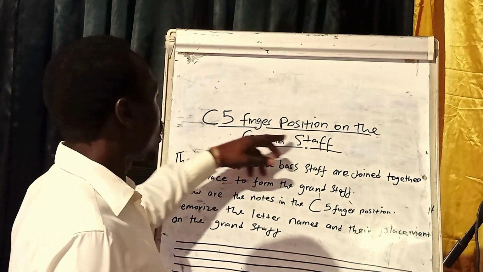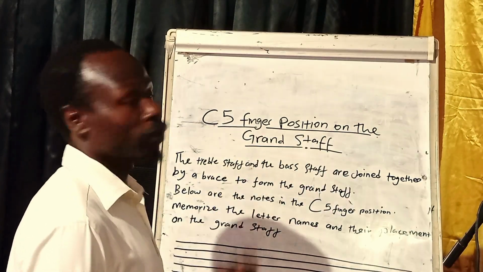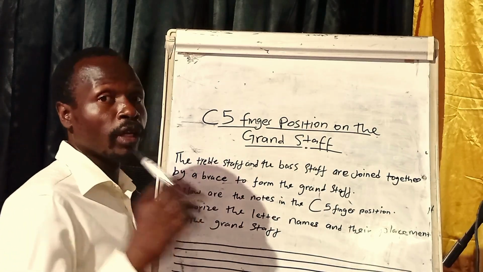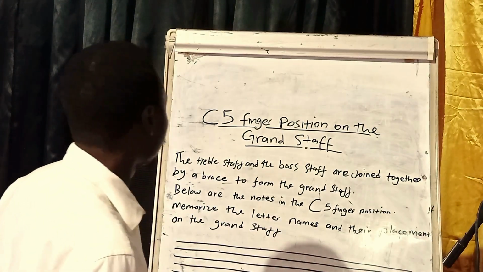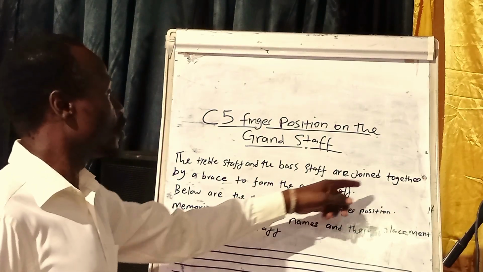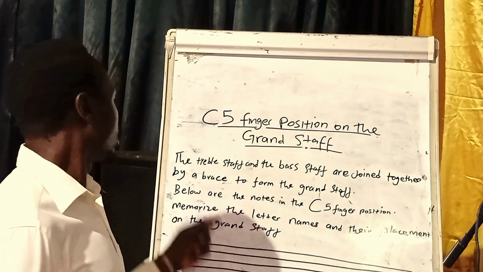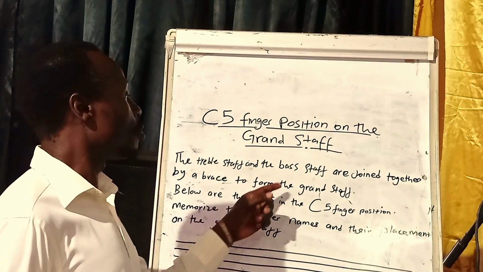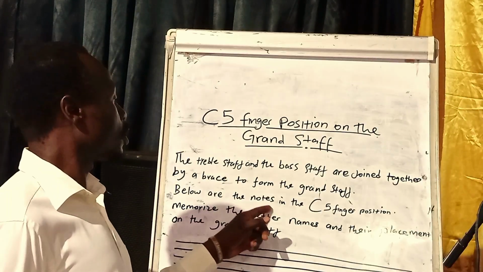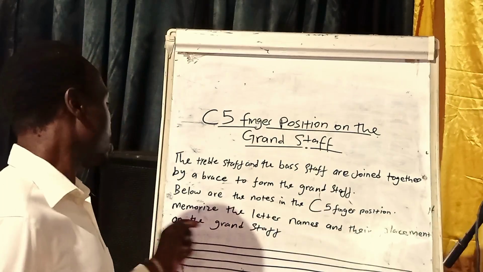The C5 finger position on the grand staff. We are going to look at the C5 finger position on the grand staff. The treble staff and the bass staff are joined together by a brace to form the grand staff. Below are the notes in the C5 finger position.